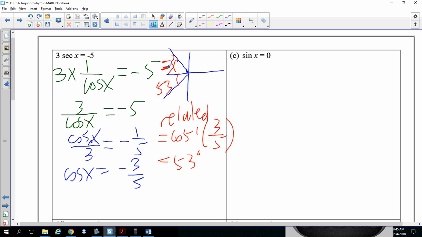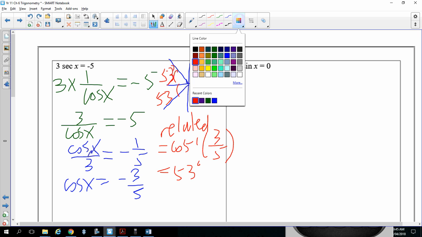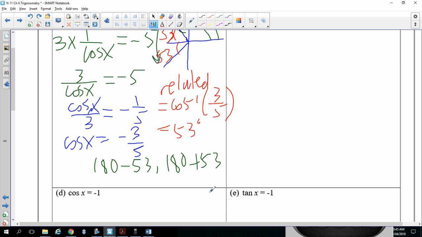And in the third quadrant, you do 180 plus 53. Alright, so what do you get? So you get x equal to 127, that's the second one. What's the first one? 233. All right, good. Like that, any question?